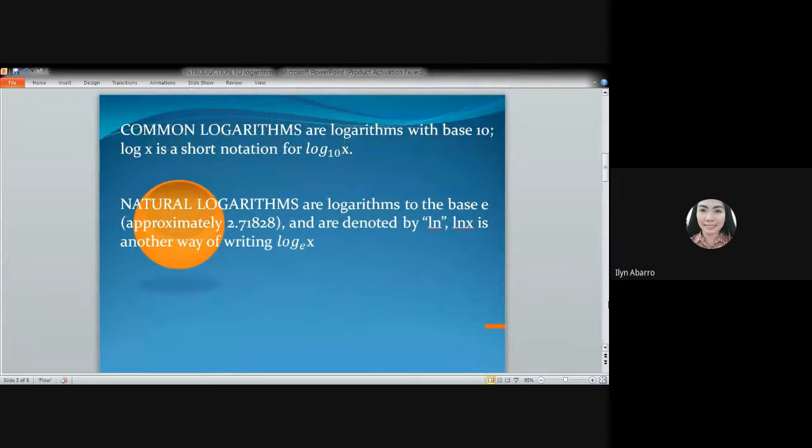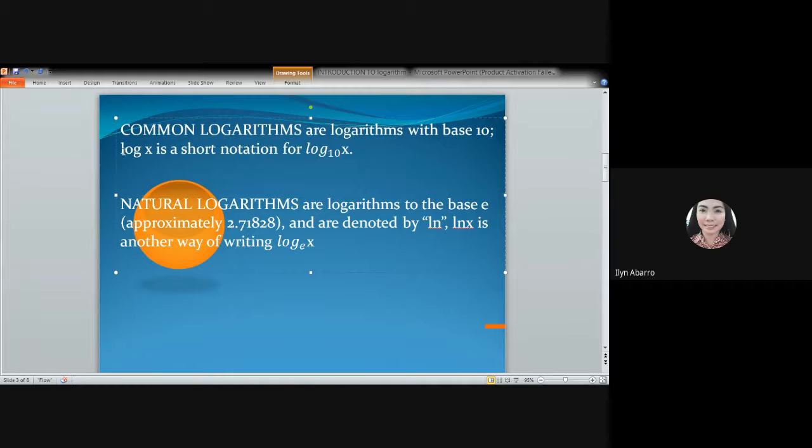Okay, what are common logarithms? Common logarithms are logarithms with base 10. The logarithm of x with base 10 is written in this notation. When we say base, it is the subscript, written small at the bottom. This is the shortcut for writing the logarithm of x with base 10. When the base is 10, we no longer write the base or the subscript.